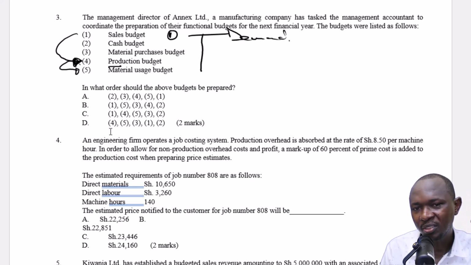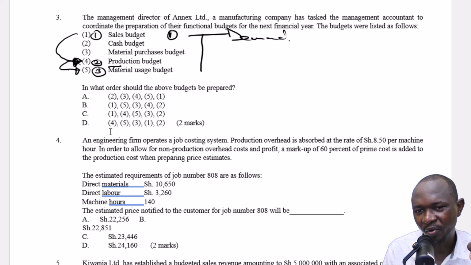Then to produce this number of units, what is the quantity of raw materials that is required? So this will be the first one, then second, then third: the materials required to produce the units needed to meet this demand.